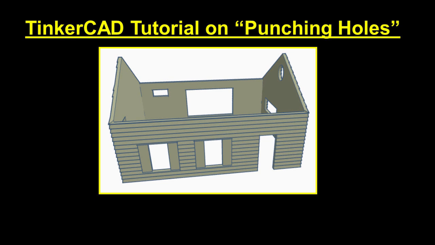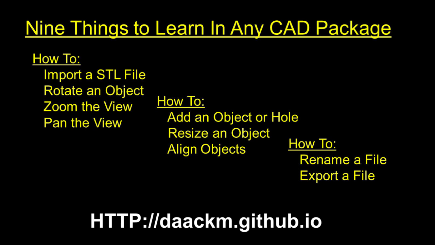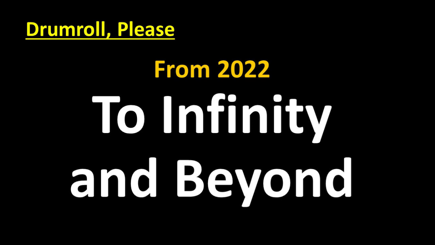And this tutorial is now available independently on my website at http://daacm.github.io. Learning how to punch holes and align objects are two of the 9 major things to learn with any CAD package, so spend 8 minutes with this tutorial and learn the basics of computer-aided design.